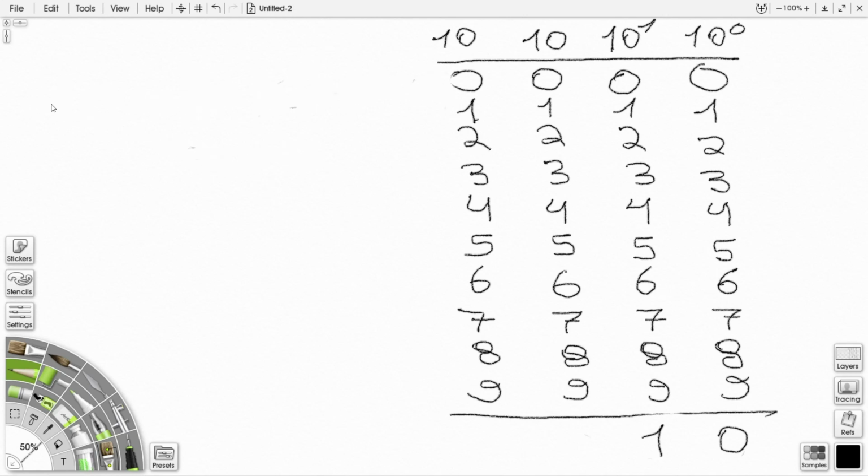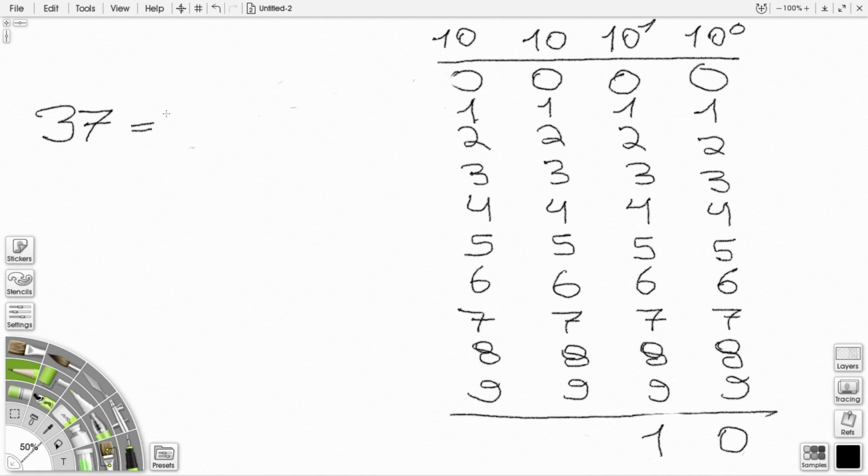Okay? Another example, let's say that I want to represent the number 37. How can I represent 37 using this idea? Well, what is the amount of tens elevated to 1 that we have?